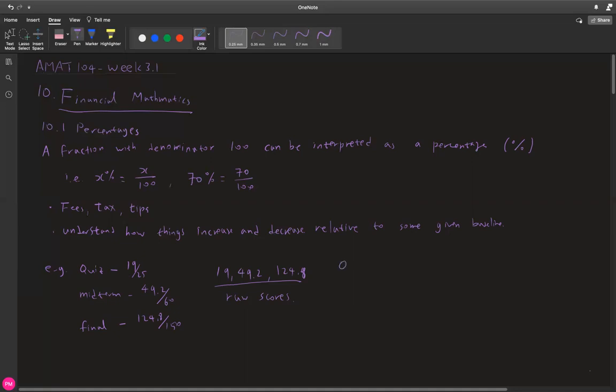So for your quiz, you received 19 out of 25. You can see that if you multiply 4 on top and the bottom, this is actually 76 on the top and 100 in the bottom.